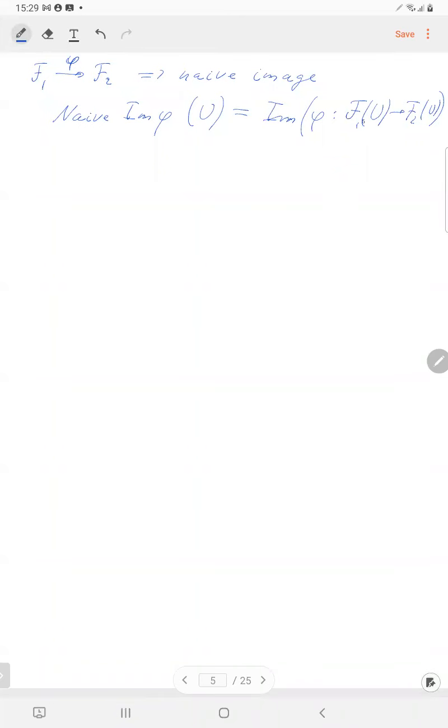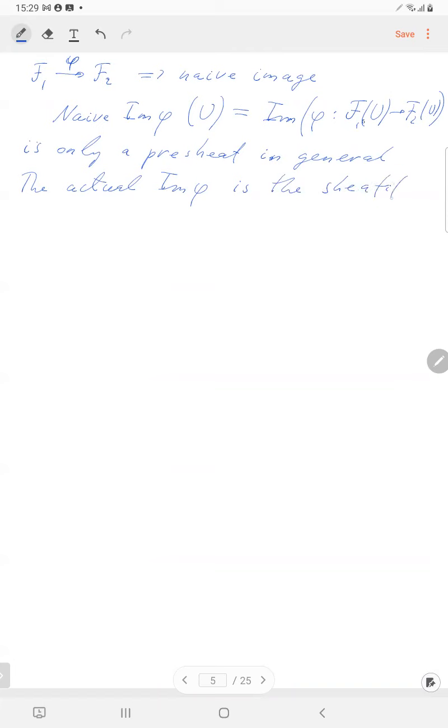But then this thing will be only a pre-sheaf in general. And the actual image of phi is the sheafification of this naive guy.